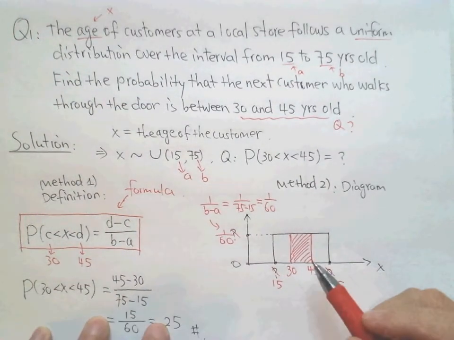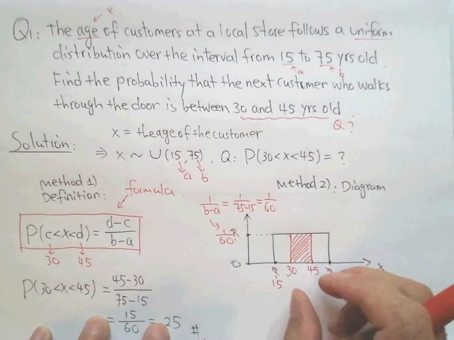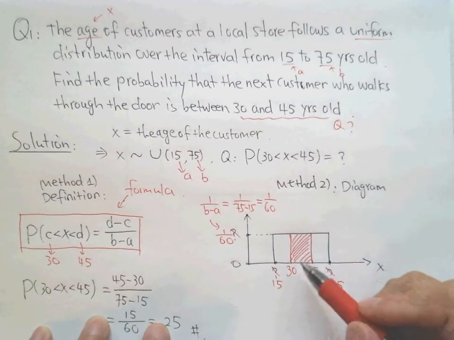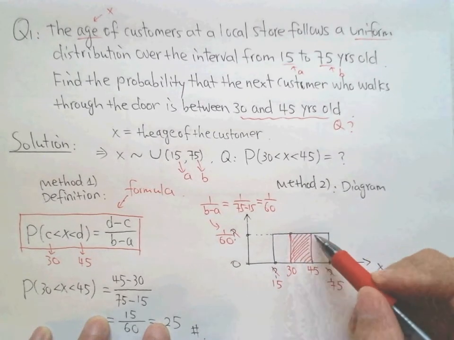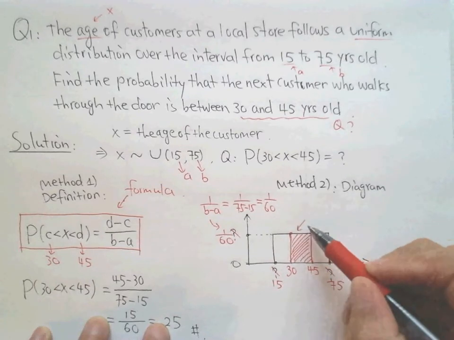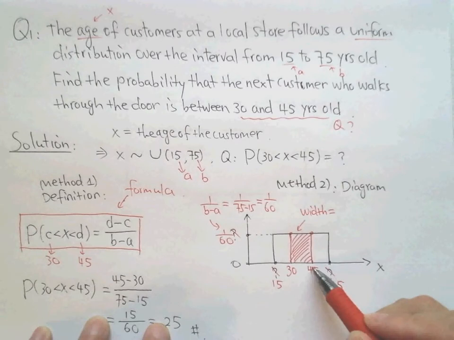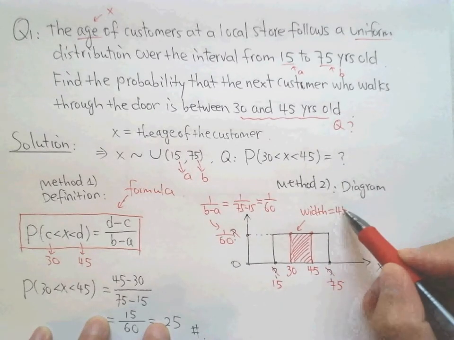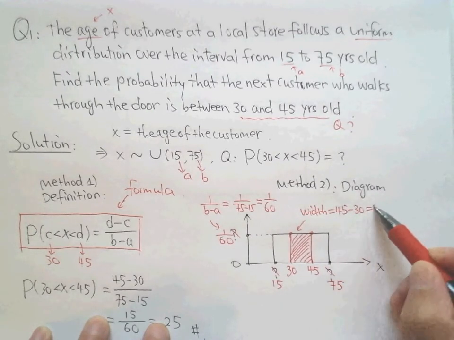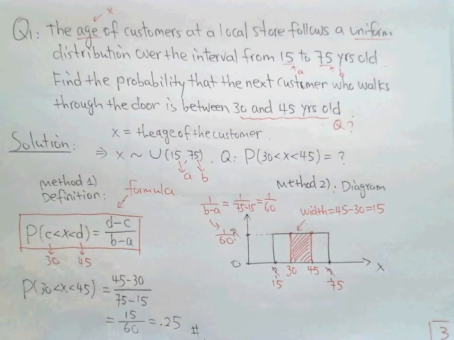So find the area, okay? But how do you find the area? The area of a rectangle is the width times the height. We're going to determine the width. The width is here, from this point to this point. And do the calculation. What is the width? The width is 45 minus 30. 45 minus 30, what do I get? I get 15. Good.